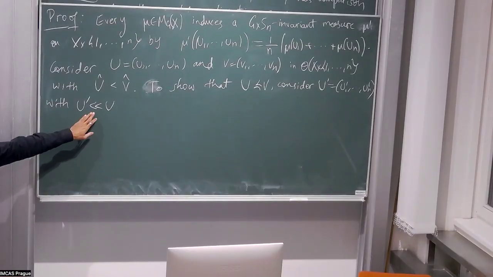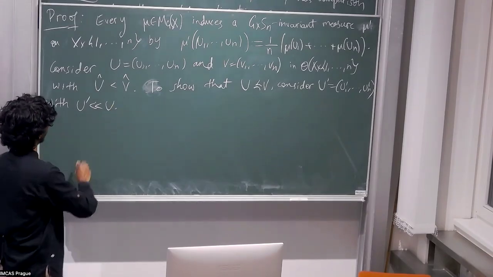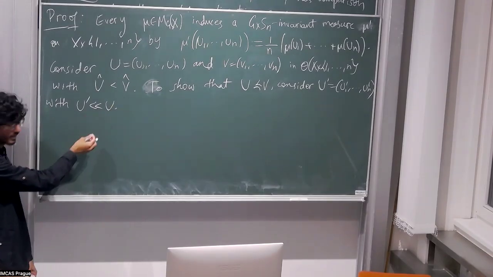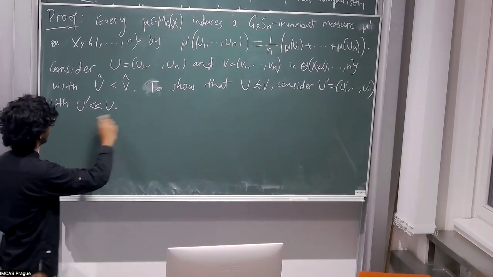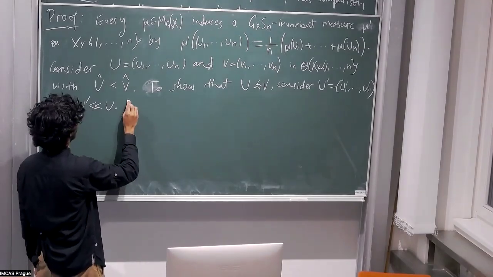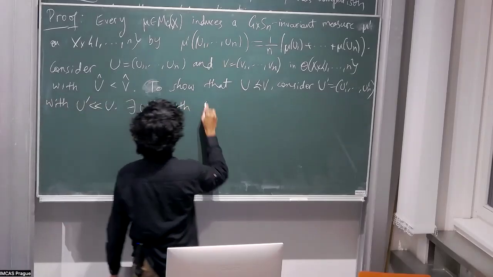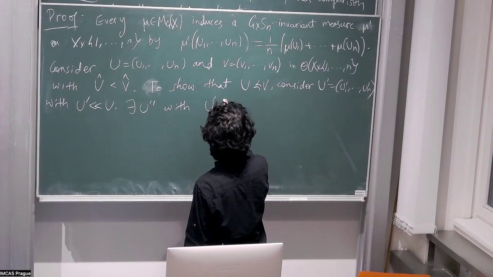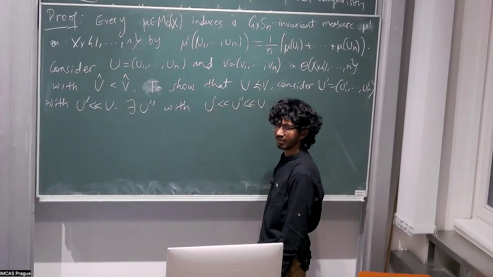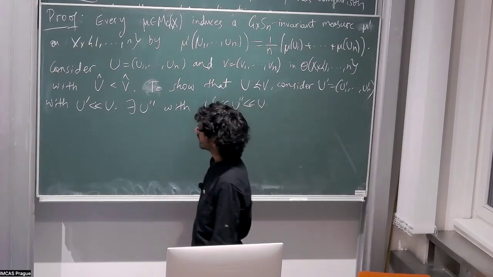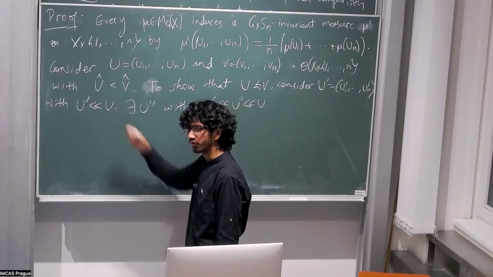By the way this way below is defined, you can always find some other set that is in between these two things, but is still way below the other one. That is, there exists U double prime with U prime. Yeah. This you can always do. This is sort of the continuity of f of O with this relation.